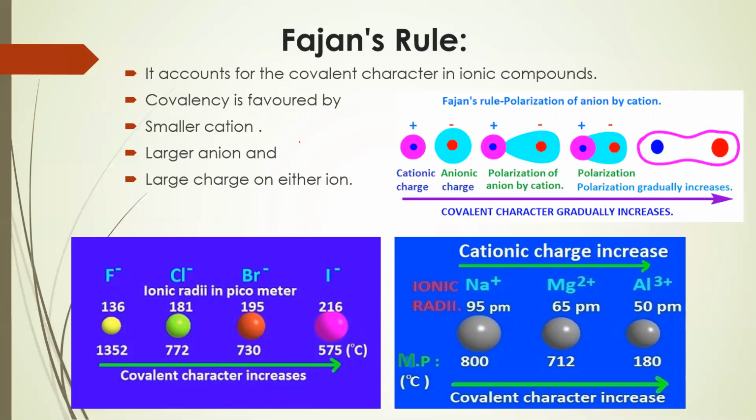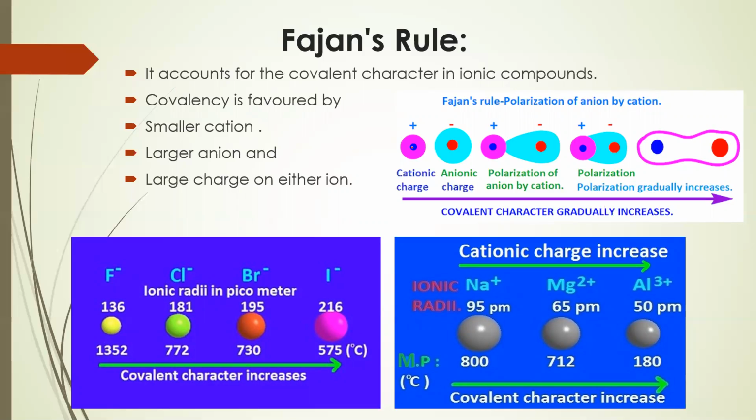If a chemical bond is formed between a smaller cation and a larger anion, then that type of chemical bond, instead of being an ionic bond, will be a covalent bond, because cations with smaller size do not tend to transfer their electrons, to lose their electrons, because as their atomic size is less, the force of attraction of the nucleus to the valence shell electrons is more.